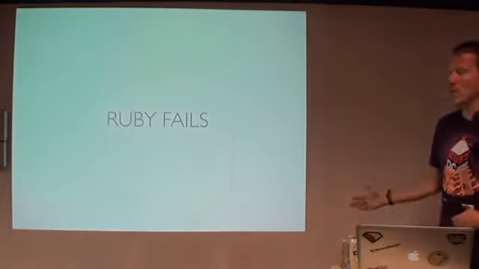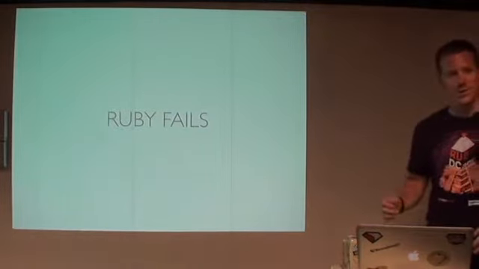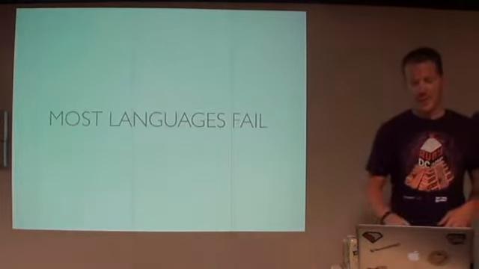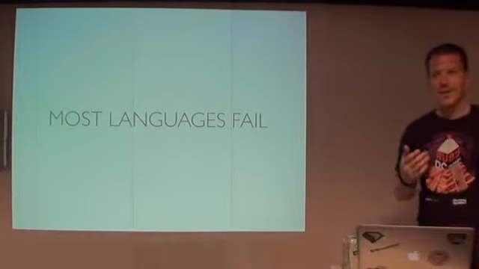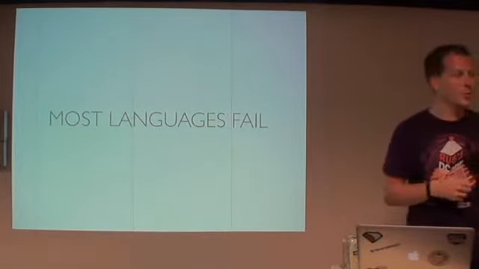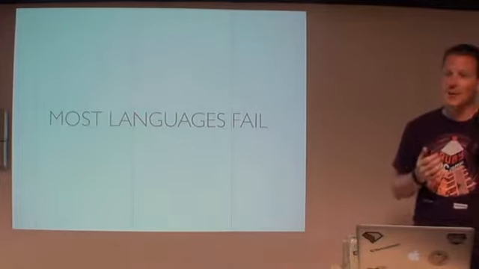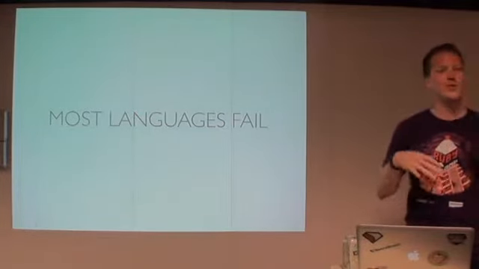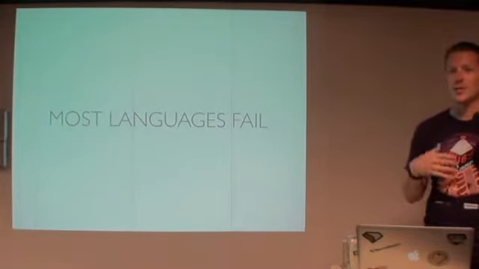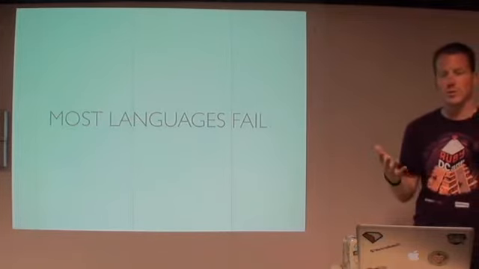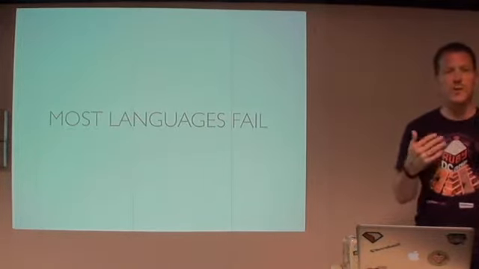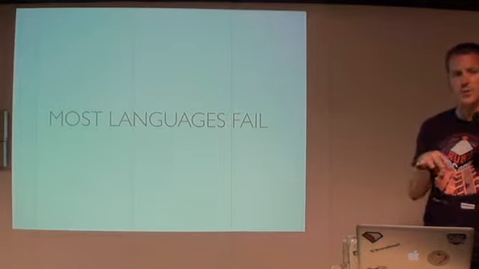Ruby fails at giving us real ability to do this, but most languages fail. When Jim Copeland was here, he talked a bit about Marvin, an academic language that was written to support this idea. I don't believe anybody is actually using it, but it's an exploration of DCI in language design. I believe it's based on C++.